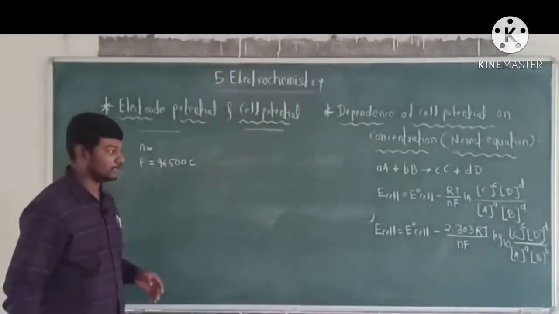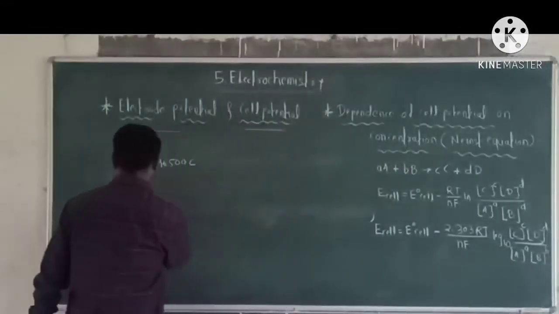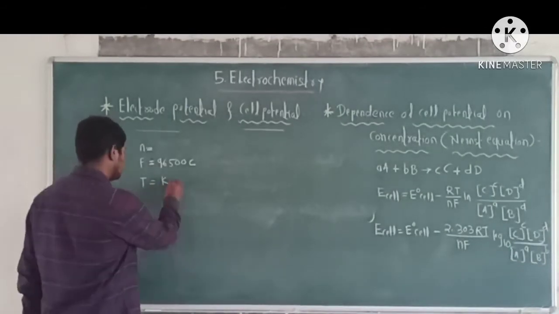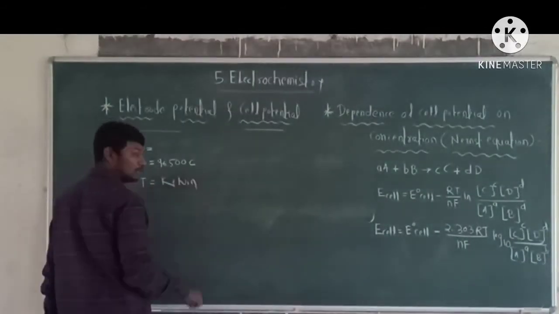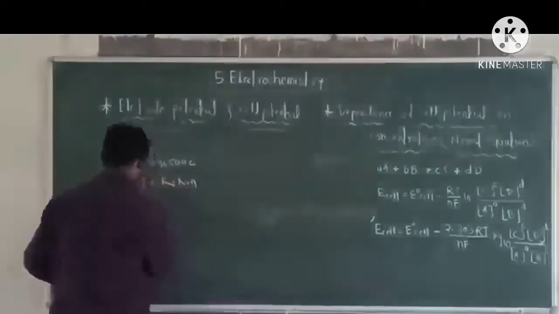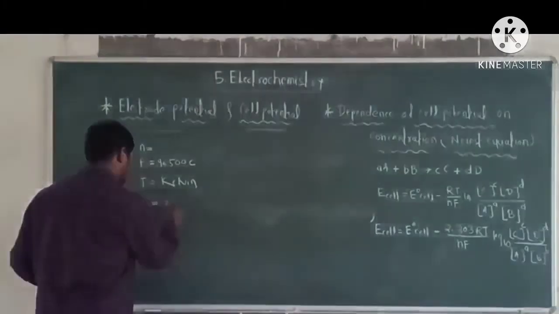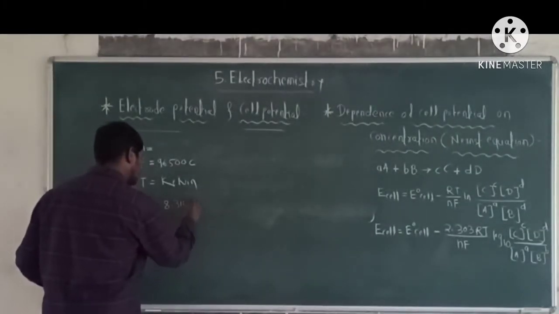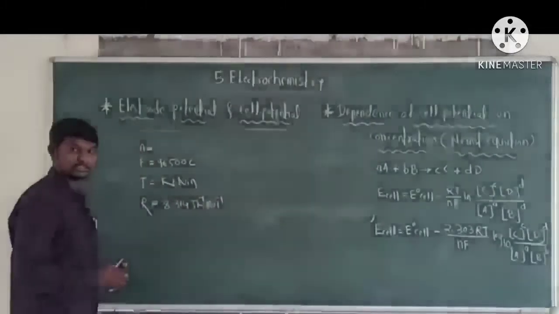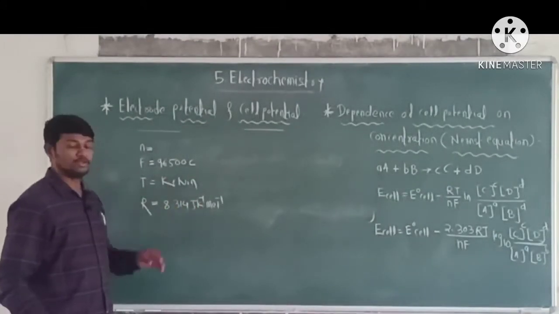T is the temperature in Kelvin. R is the gas constant, that is 8.314 joule per Kelvin per mole.